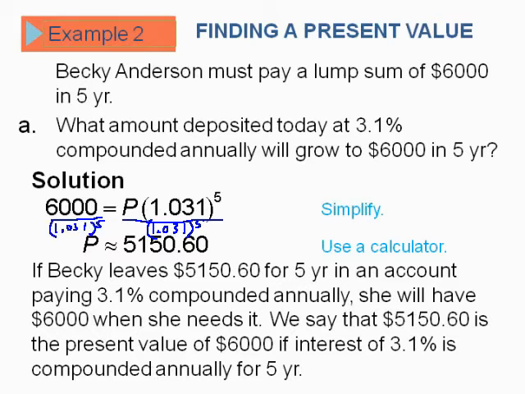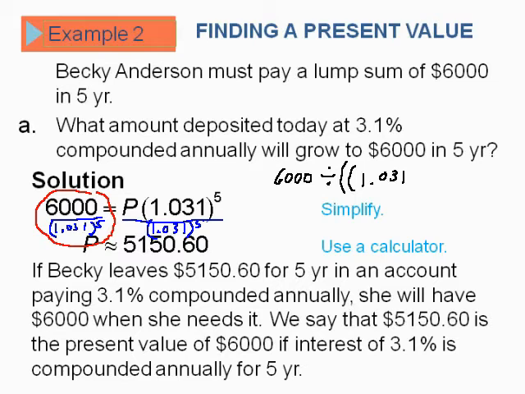Okay, so here's how to enter this creature in red over here. All right, so be very careful when you enter this stuff. So I would go 6,000 divided by, and then I would put parentheses just like it looks, 1.031. And you know, I might even put a second parentheses in here. Let's try this again.